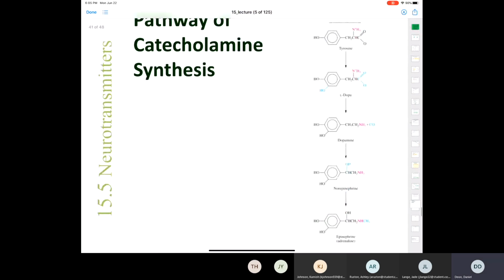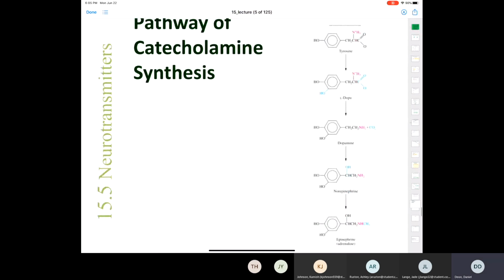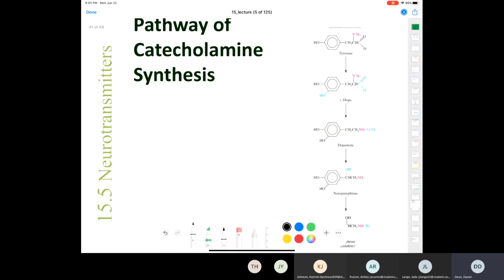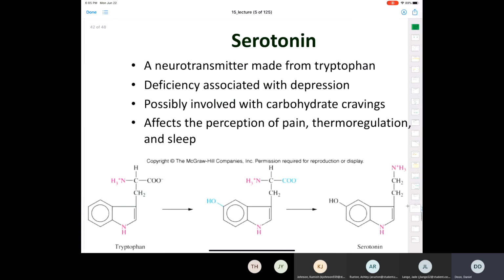Anyhow, this is the pathway of what's called catecholamine synthesis. So going from the amino acid tyrosine, and then you go through L-DOPA and dopamine and norepinephrine, and then finally down here to epinephrine. Anyhow, I'm not sure what I would ask you about that really at this point. So let's just move on from there.